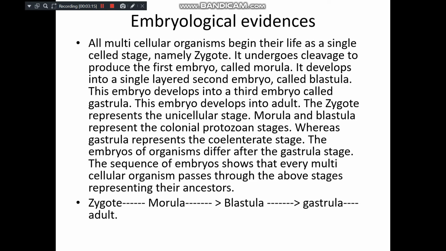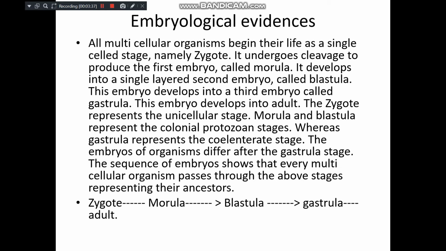This zygote undergoes cleavage and morula, blastula, and then changes into an adult one. What does it indicate? The life of even the multicellular organism starts with a single cell, meaning all these multicellular animals have evolved from a unicellular organism, a single cell organism.